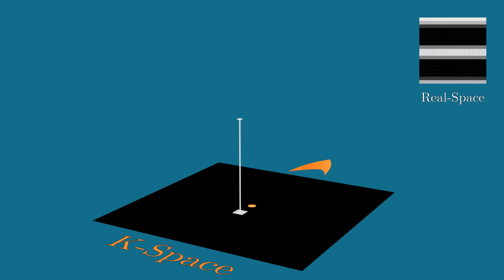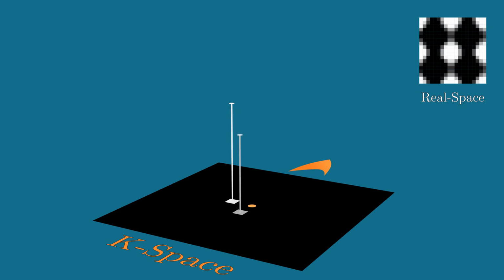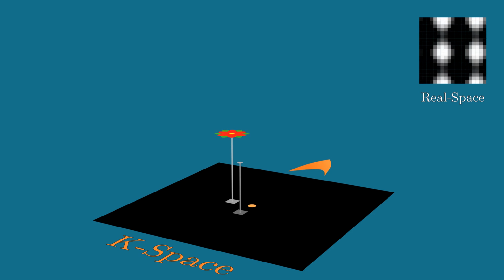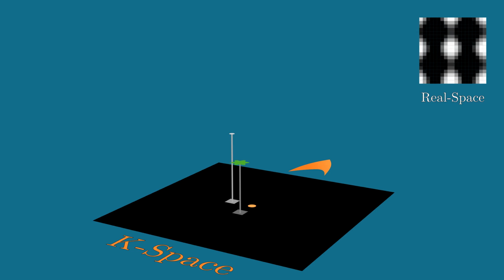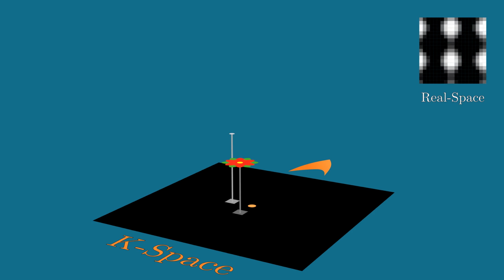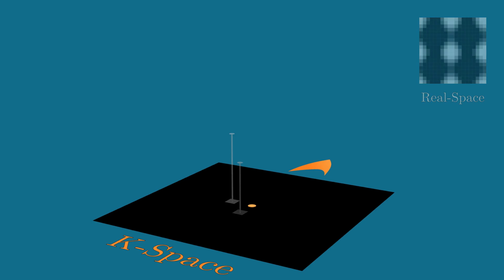Instead of one peak, let's try the same with more peaks and vary their amplitudes and phases. At this point, it might be obvious that we can describe images with these K-space peaks.